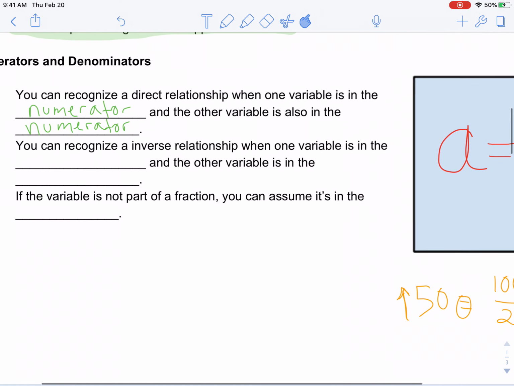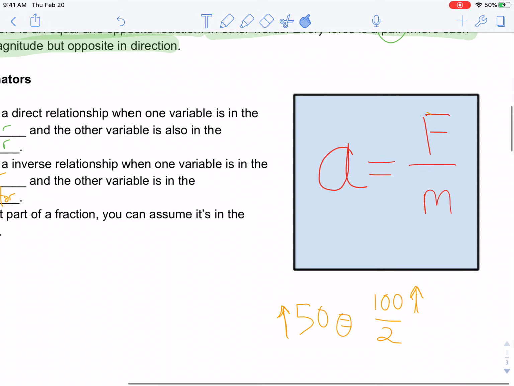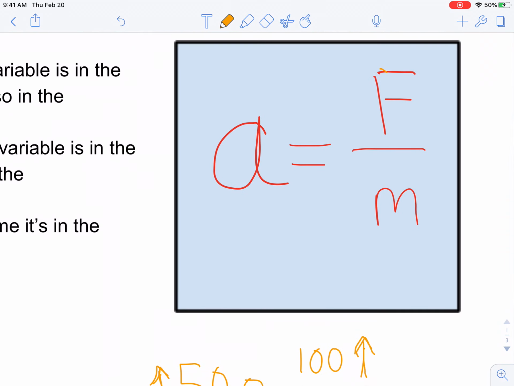You can recognize an inverse relationship when one variable is in the numerator and the other variable is in the denominator. So, acceleration.